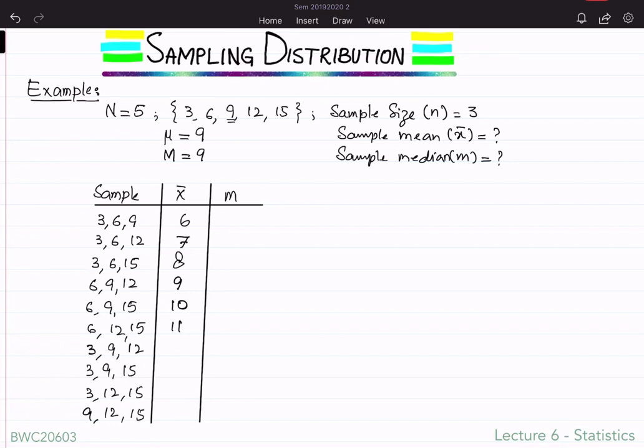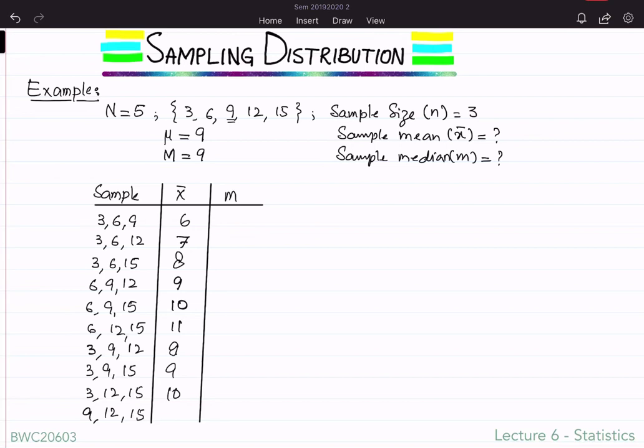Then 3 plus 9 plus 12 is 8, and this one is 9, and this one is 10.